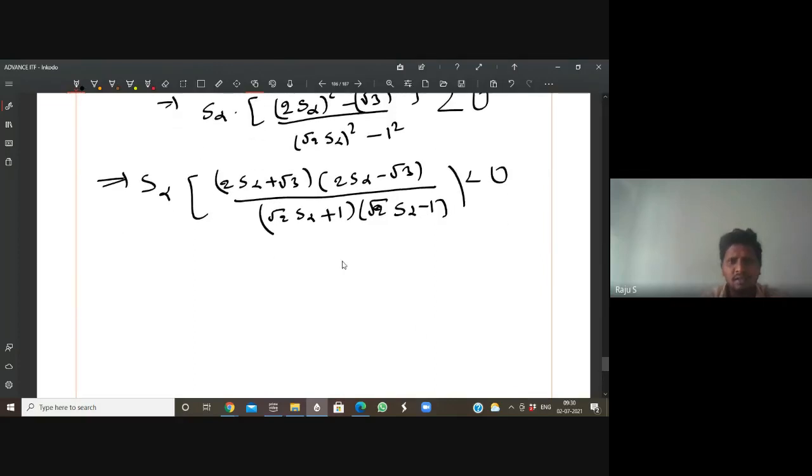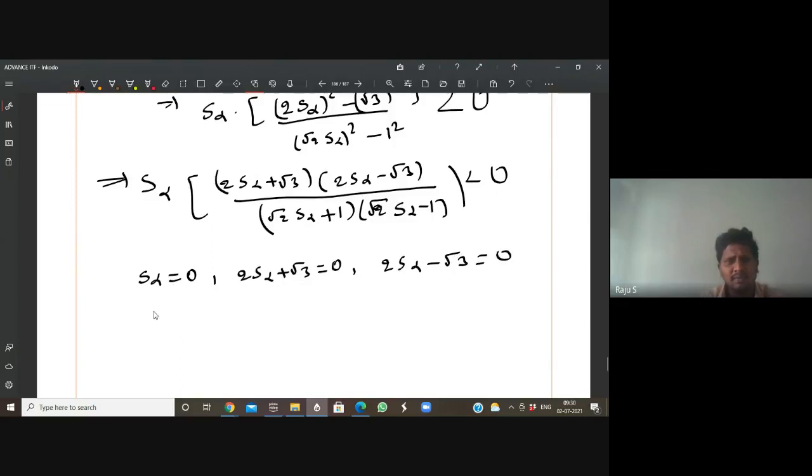After that, what are the sine values? One is sine alpha is 0, or 2 sine alpha plus root 3 is 0. While equating, the denominator should not be equal to zero.